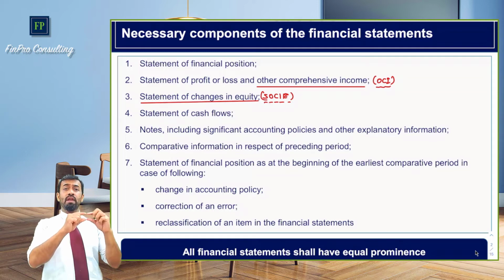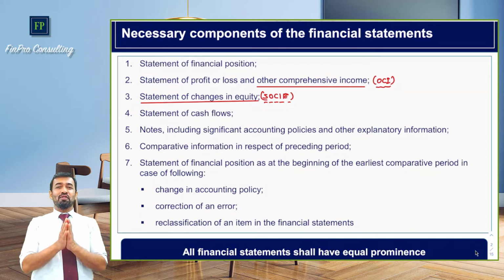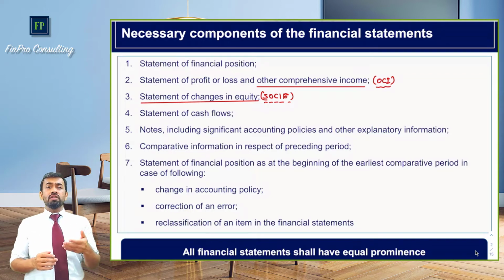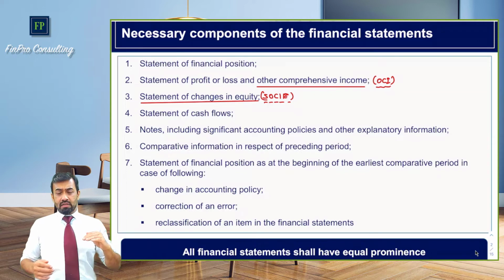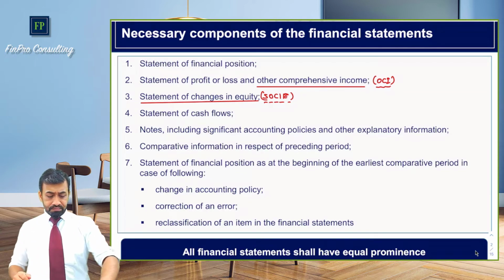The same will be the opening balance of the current year, changes during the current year, and closing balance of the current year. So this is the statement of changes in equity. It's nothing but reconciliation between opening and closing balances for the previous year as well as for the current year.